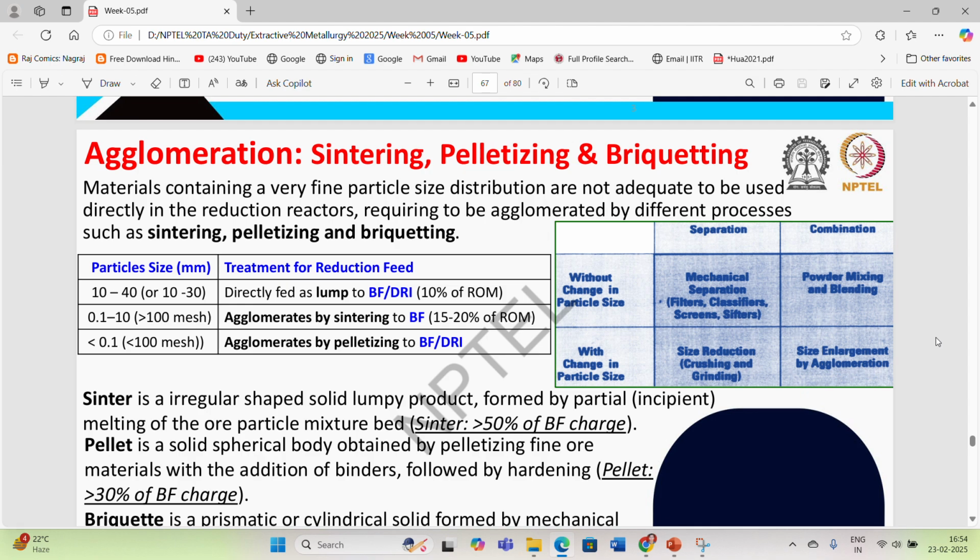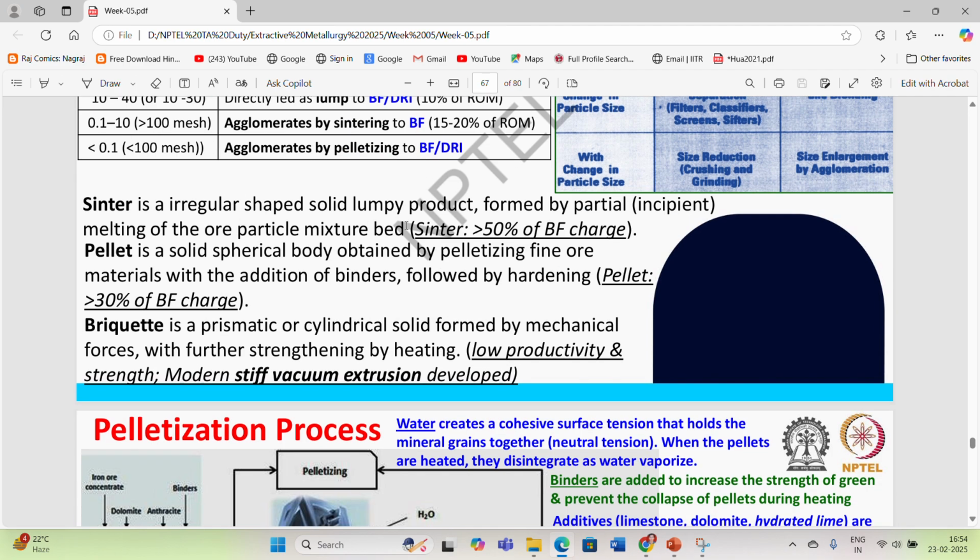So that we can further increase the size of that particular material, and that can be directly used in blast furnace operation. So sinter is an irregular shaped solid lumpy product which is formed by partial melting of the ore particle mixture bed, and more than 50% sinter can be reused in the blast furnace charge.